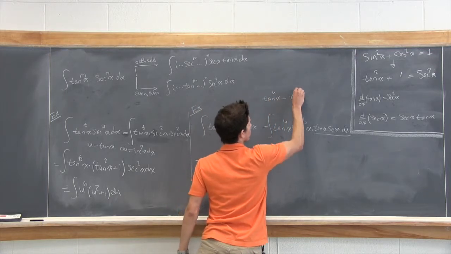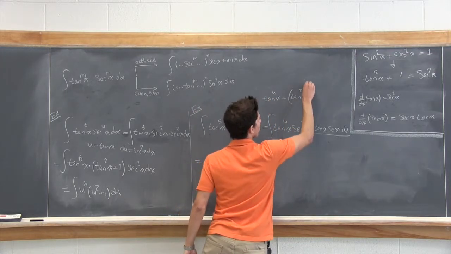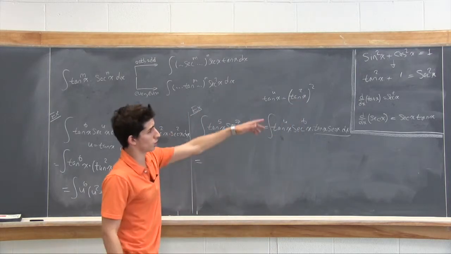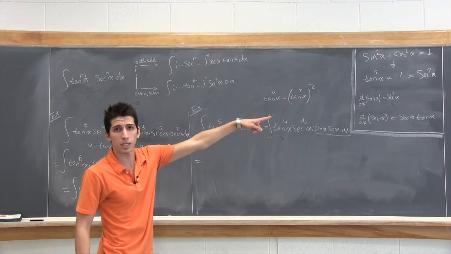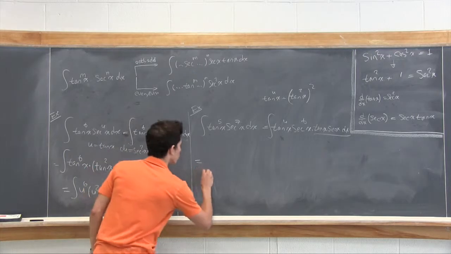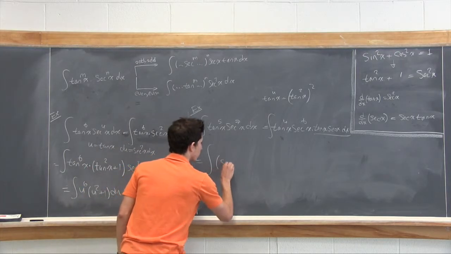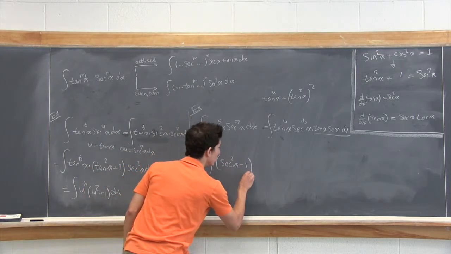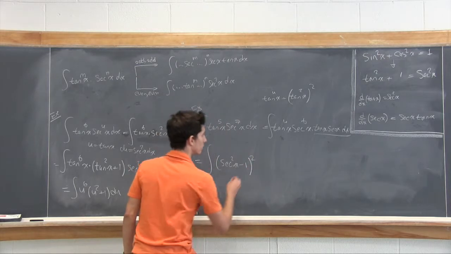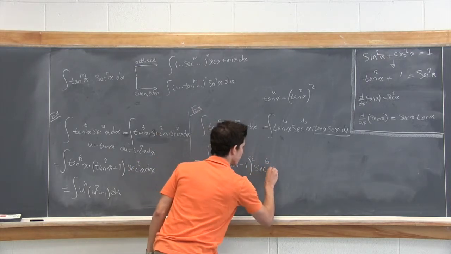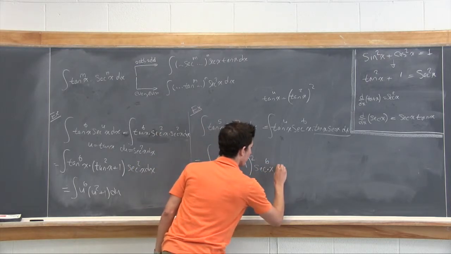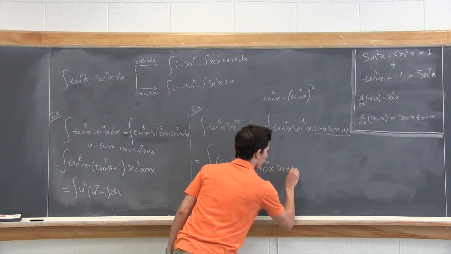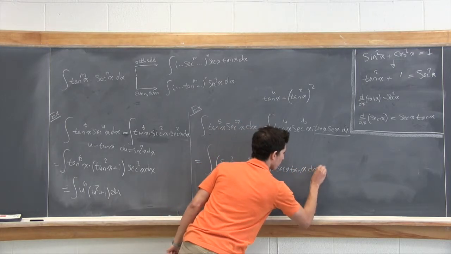Tan to the 4th x is just tan squared x all squared, right? And tan squared x is just secant squared x minus 1. So I'm going to write secant squared x minus 1 all squared, secant to the 6th x, and then secant x tan x dx.